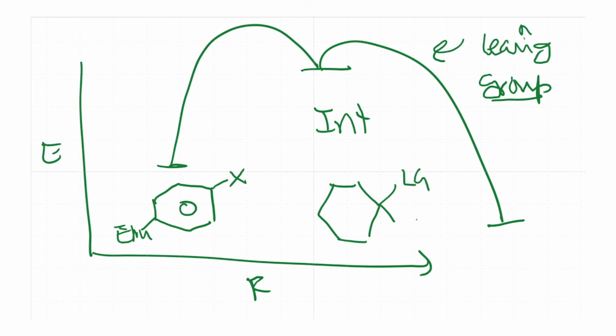Here is the leaving group, here is X, and here is the electron withdrawing group. In this case it's in the para position.